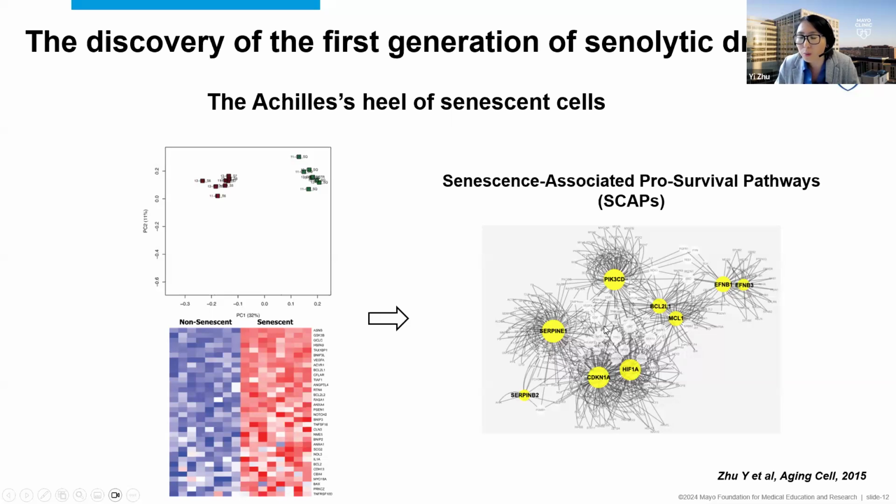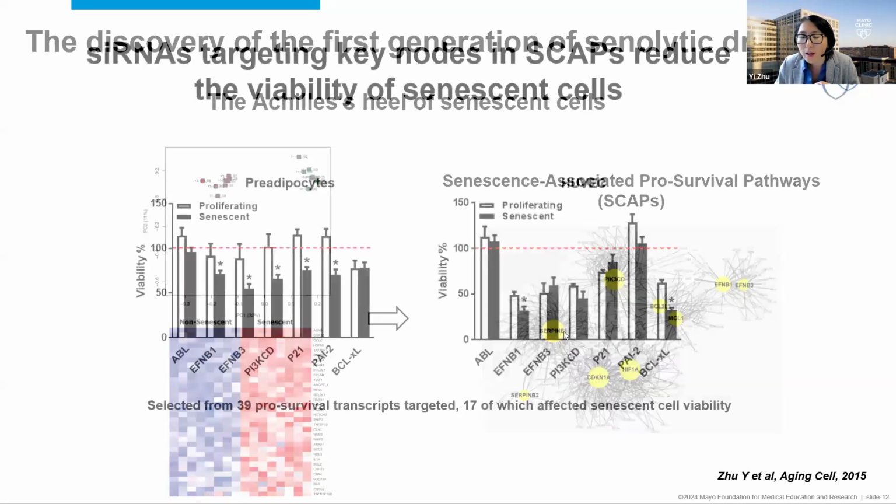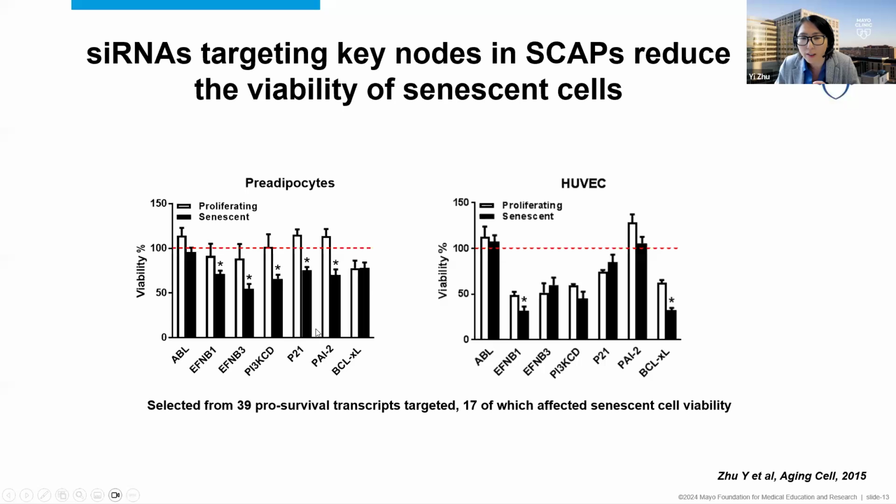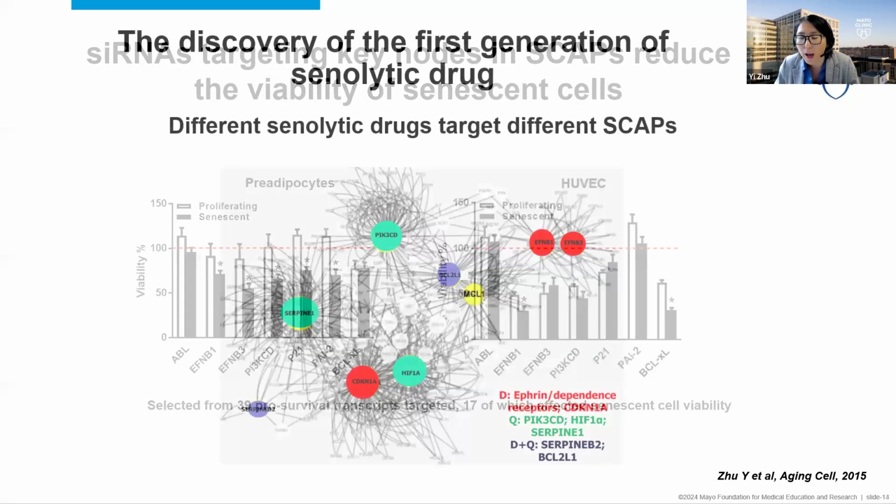So we set out to test whether we can target the network to specifically kill senescent cells. Indeed, when I knocked down the key nodes of the network, we were able to selectively kill senescent pre-adipocytes and some senescent HUVECs. The next step was to screen compounds to target those key nodes or pathways.